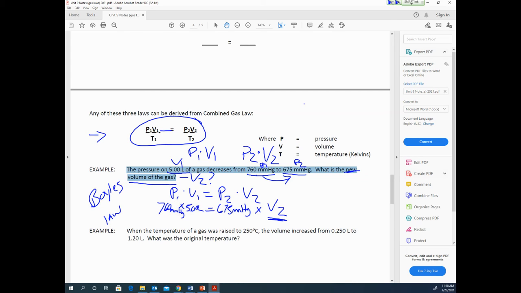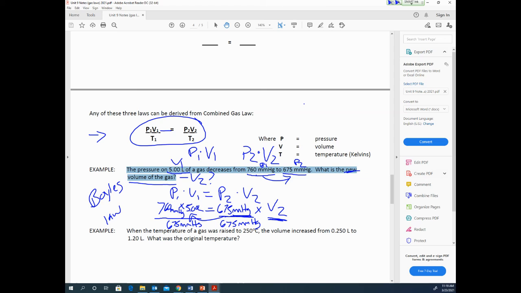In any math equation, I need to get V2 by itself. In all of these equations, you just do the opposite of what's being done to it to move it to the other side of the equal sign. Right now, 675 mmHg is being multiplied, so I need to divide by 675 mmHg.